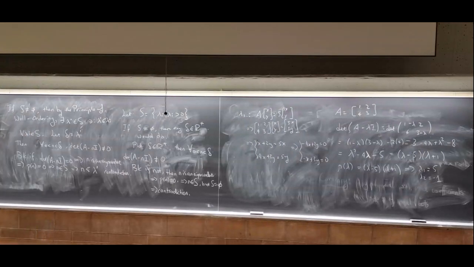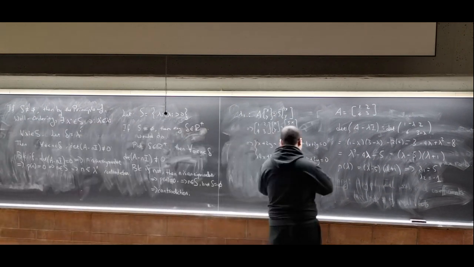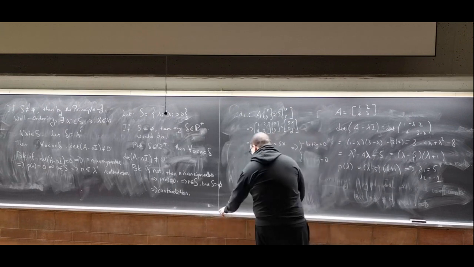I don't know how to use Symbolab though. How do I do this? Oh wait, there's the eigenvalue thing. I can just use this to compute the eigenvector because I'm too lazy. Isn't the bottom one supposed to be 4x minus 2y equals 0? Yes, it should be. Sorry about that. Thank you.